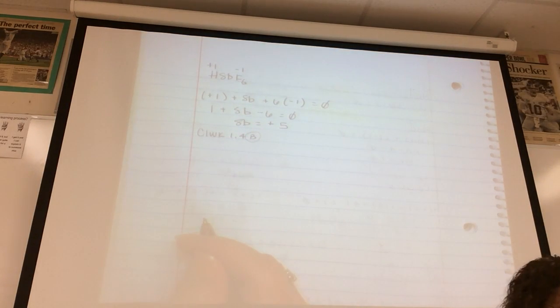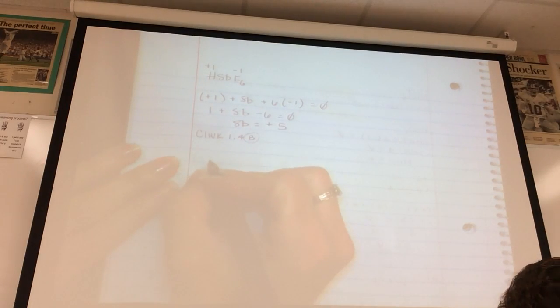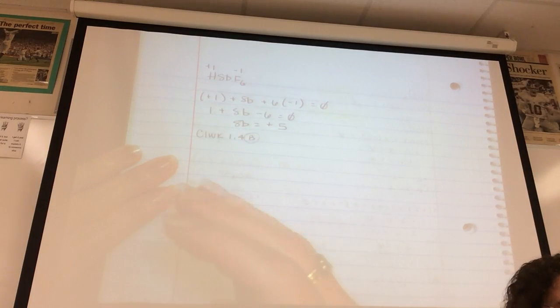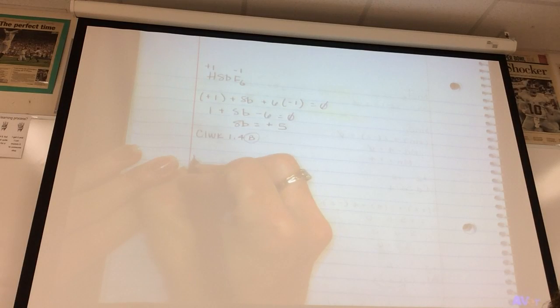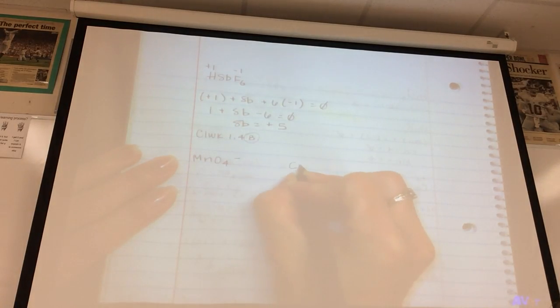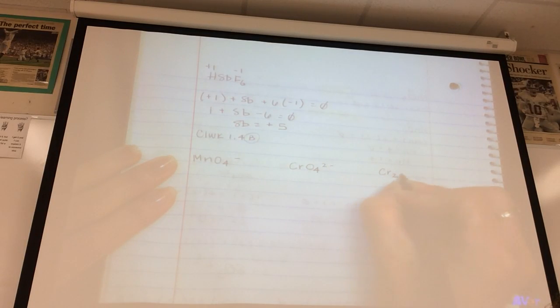There are two examples here that I want to mention because you'll see them again and again in our balancing. So permanganate ion, chromate ion, and the dichromate ion.